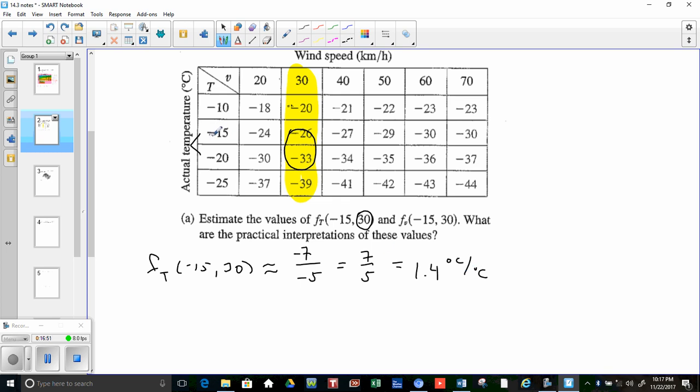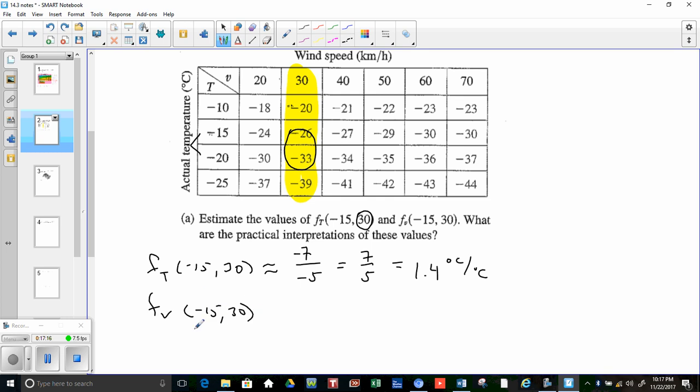So as the temperature decreases by 5 degrees, if we hold the wind speed constant, the temperature is going to feel like it's changing at a rate of 1.4 degrees. That's what that's saying. And then it says, let's do this for F sub V of -15, 30.